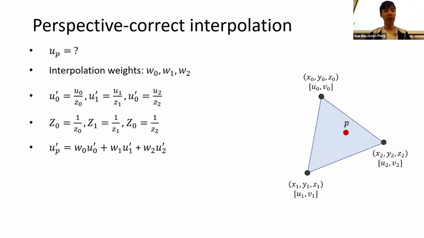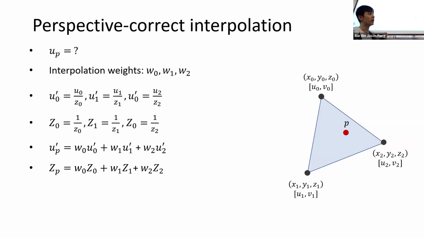So u prime here corresponds to taking all of the depth projected u values and interpolating them using the barycentric coordinates that we calculated in screen space. Then we apply a similar barycentric interpolation to the inverted depth values as well. So big Z here corresponds to the interpolation of the inverted depth values at each of the vertices.